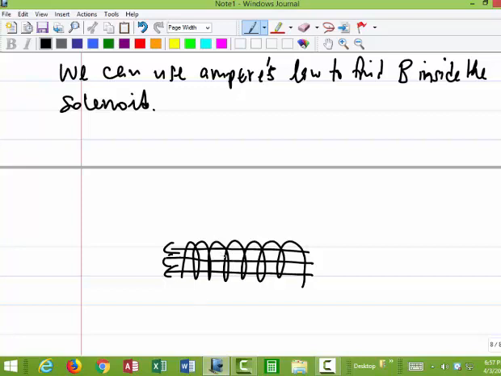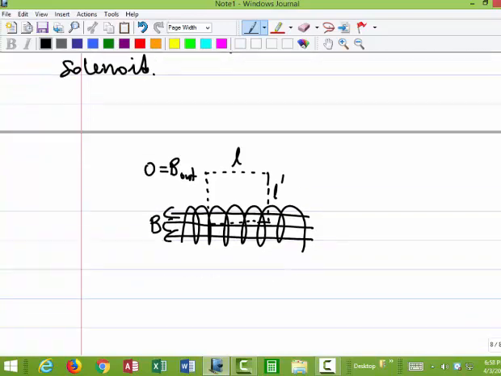Okay, so for Ampere's law, we can take an Amperian loop like that. This length here is L, and inside is L, and let's put L prime here. This is the magnetic field B. B is 0 outside. So outside here, the magnetic field is 0.